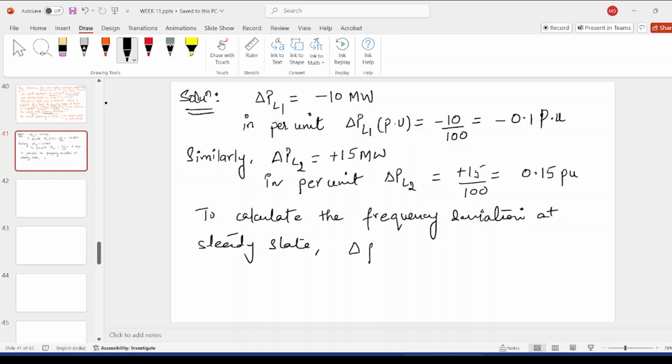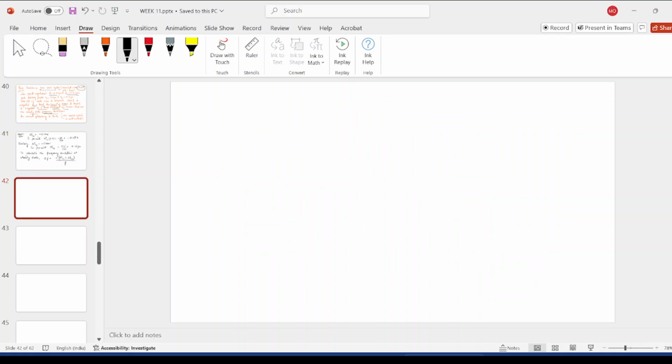We will use this formula: del F equals del PL1 plus del PL2 over beta. As it is a two area system, we will calculate the effective beta. So what is beta? Here beta is D1 plus D2 plus 1 upon R1 plus 1 upon R2.